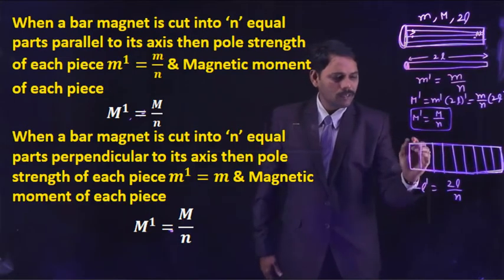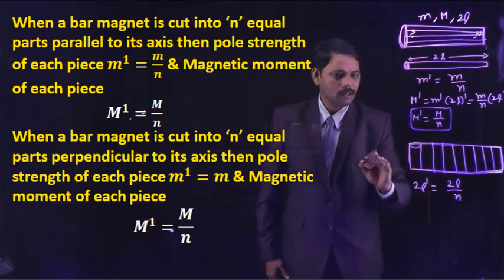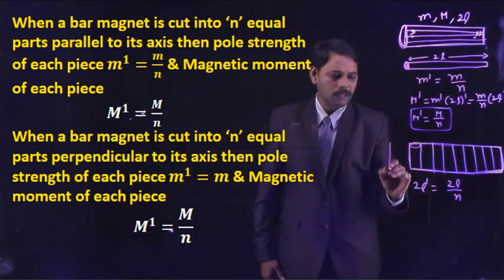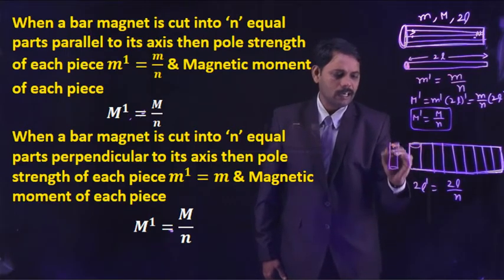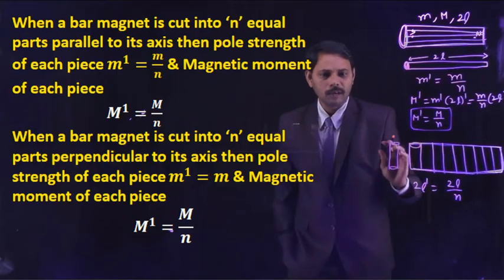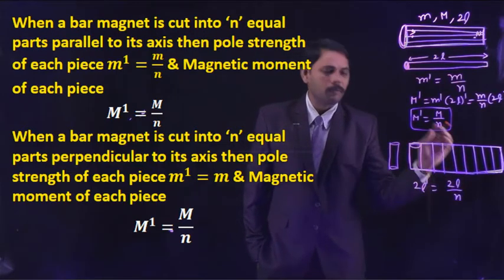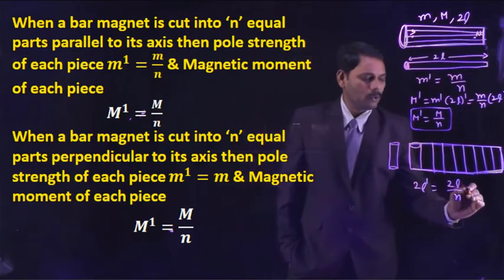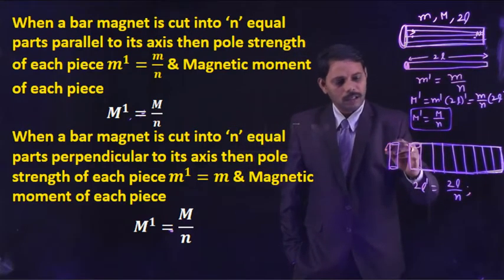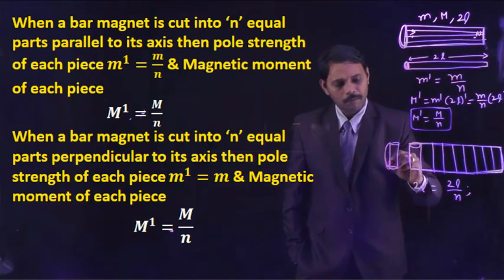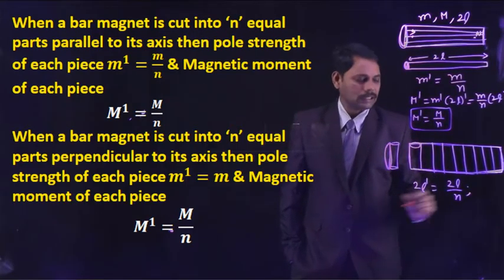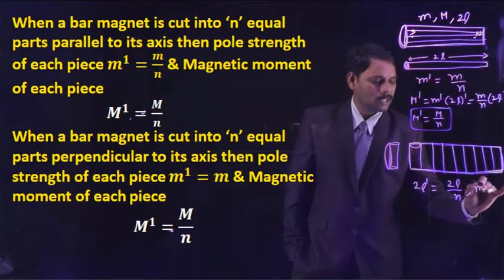When you consider one identical piece, its length becomes 2l dash, equal to 2l by n, and there is no change in the pole strength, because the area is the same, the attracting ability remains the same, unaltered. So no change in the pole strength for this situation.